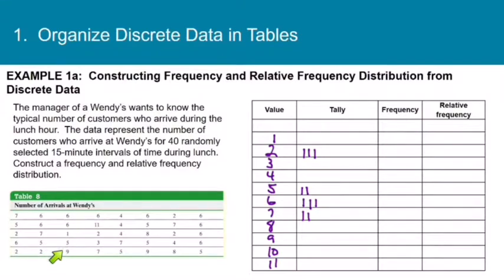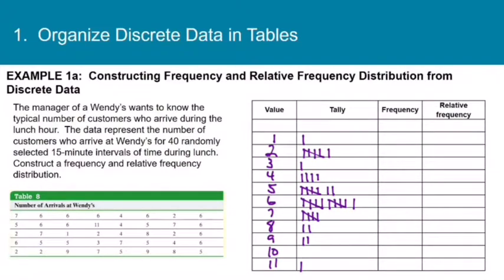And then we have 6, 6, 1, 5, 9. And then we have 6, 11, 2, 3, 7. And then we have 4, 4, 4, 7, 5. And then we have these last three columns. I'll let you go ahead and fill those in.